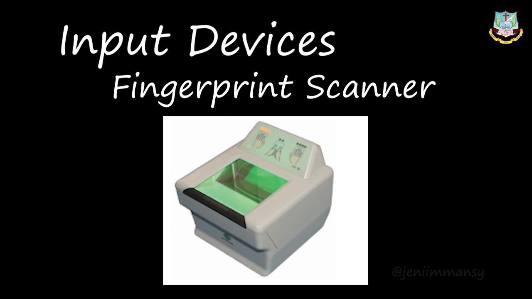Only if you keep your finger in that fingerprint reader, it will read and unlock the particular thing. So this is a very safe and convenient device for security purposes compared to using passwords, which may be hard to remember and have so many issues. Here no issues, you can just keep your finger and the print will be accepted. If you are keeping your own finger in the fingerprint reader, it will be unlocked, right?